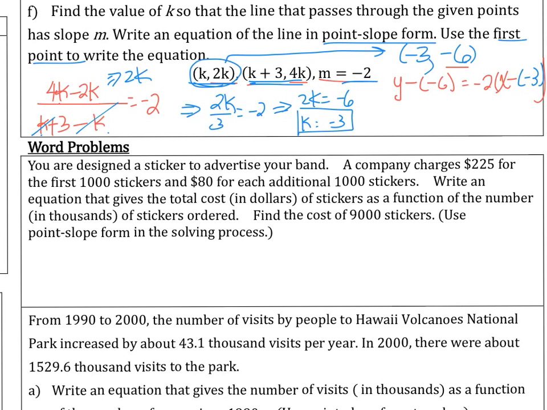So now y plus 6 equals -2 times x plus 3. And that's our equation of the line in point-slope form.